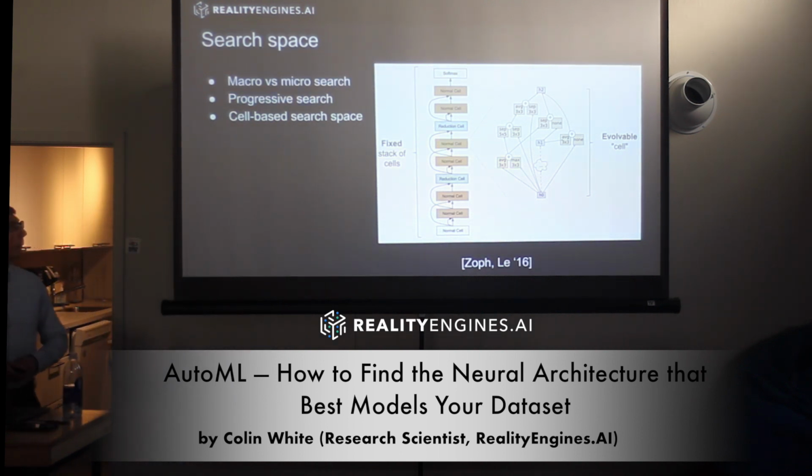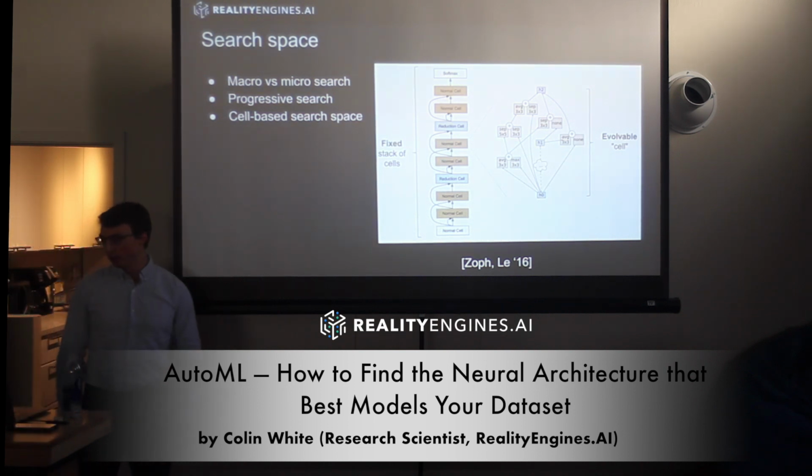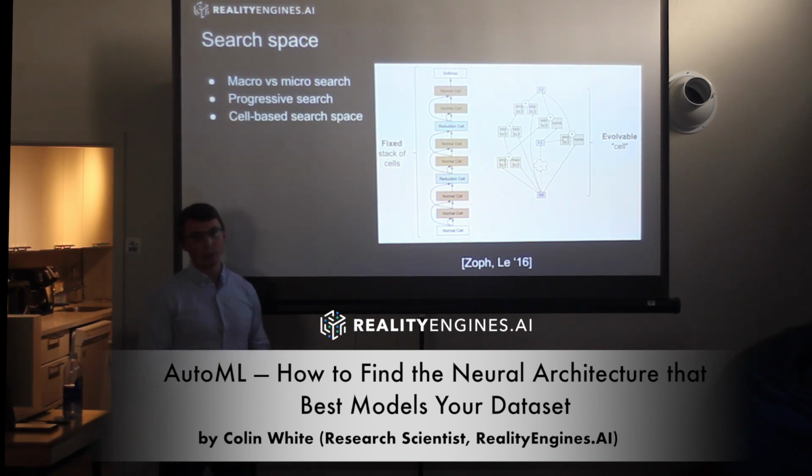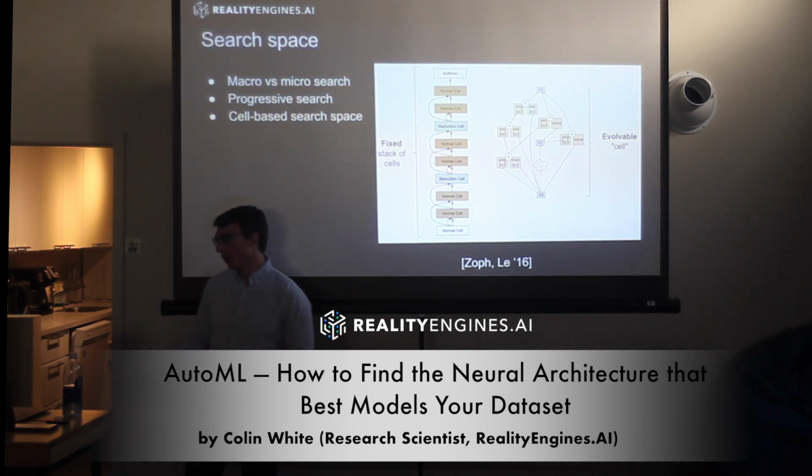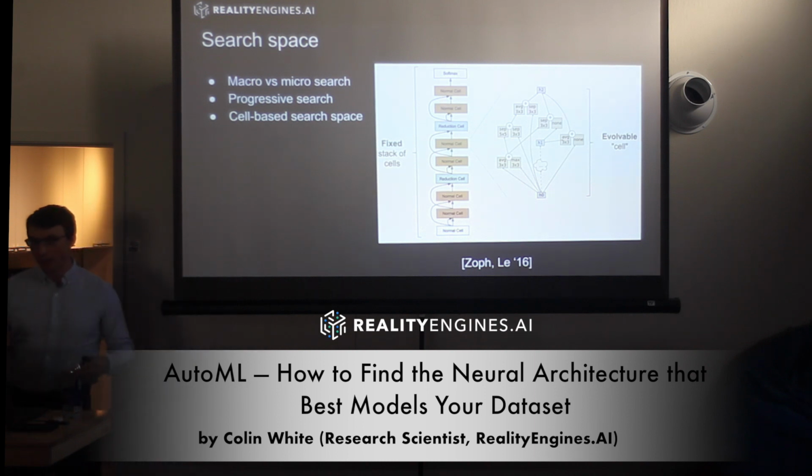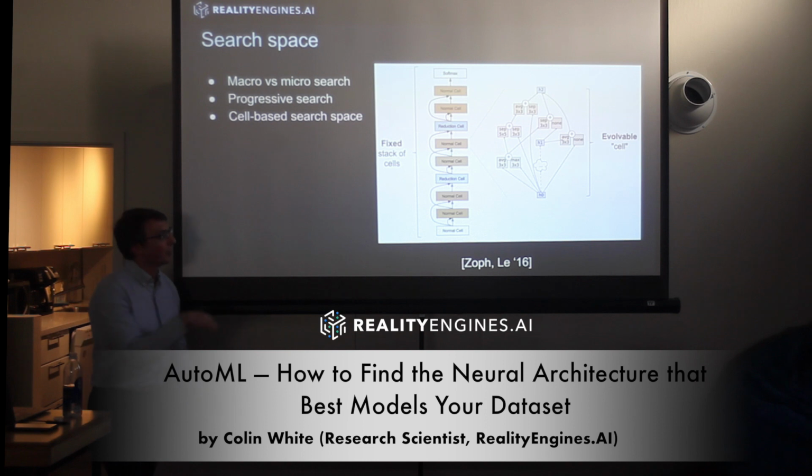And then for micro search, a really common method is a cell-based search space. The idea for a cell-based search space is we search over a smaller, size 10 neural network. Usually it's about 10 nodes that can each be some operation in a directed acyclic graph.